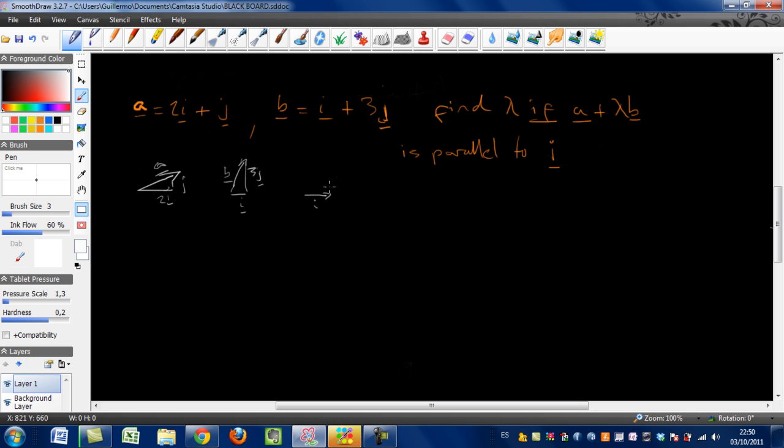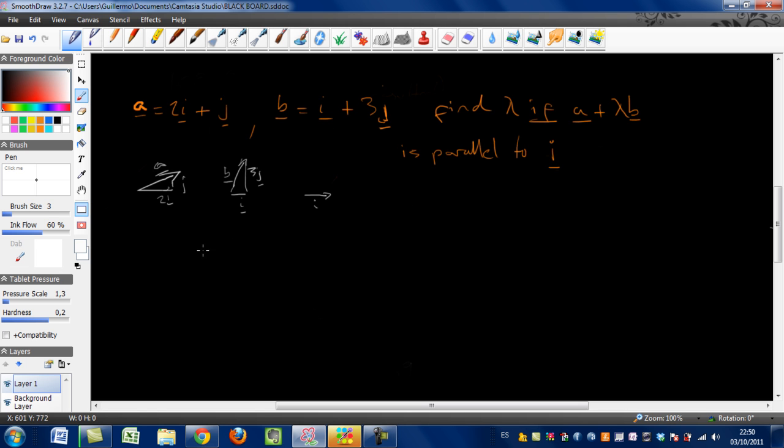It's not going to be vertical at all. So some combination of adding this plus some multiple of that should give us something which goes along this direction completely.